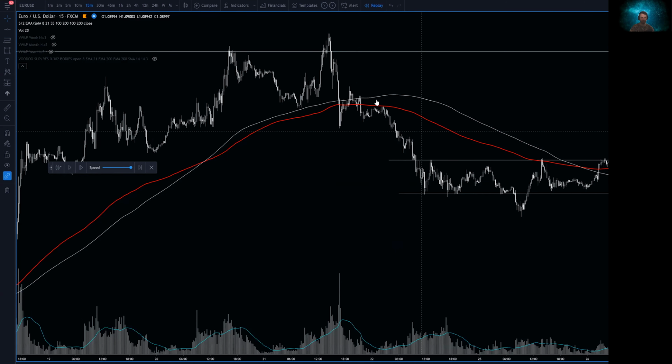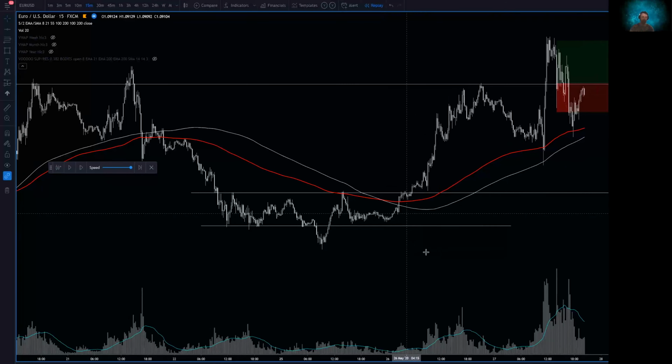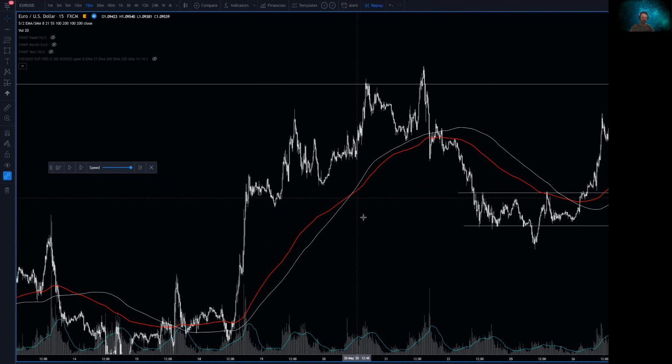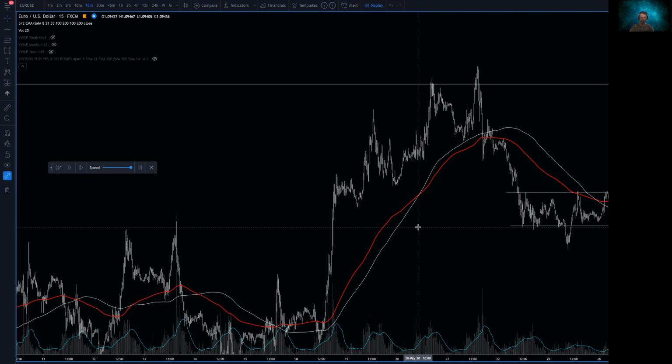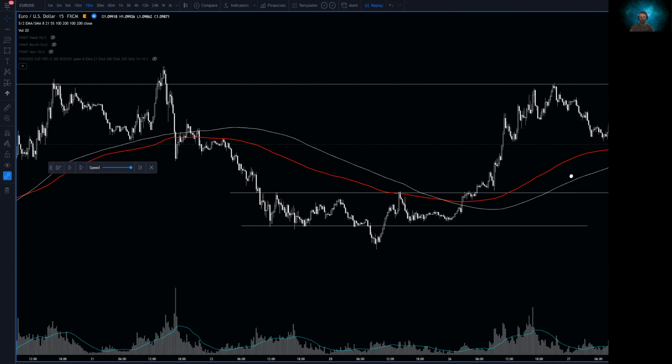And the same in the opposite: whenever the 200 SMA is above the 200 EMA and the price is below them, I will be shorting it. Of course, with this strategy, I'm using different take profit rules. I will be looking for measured moves or general horizontal supports and resistances to get out of this trade, as those tend to provide good support.